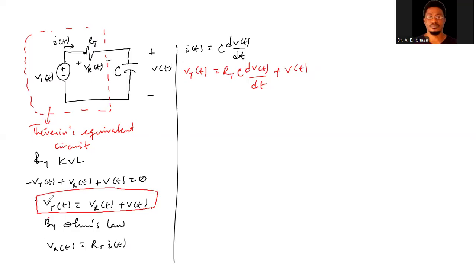Okay. Now, you'll observe that this is a first order differential equation where the unknown function is the capacitor voltage, V of C of T. Now we know the source voltage, we know the resistance value, we know the capacitance value, but now we have to figure out the capacitor voltage, okay?